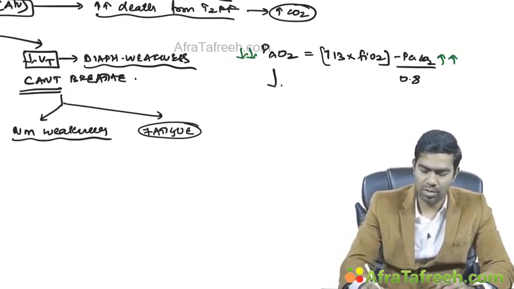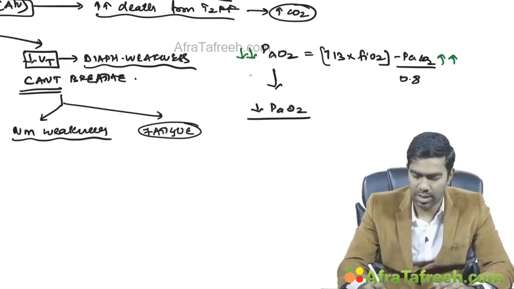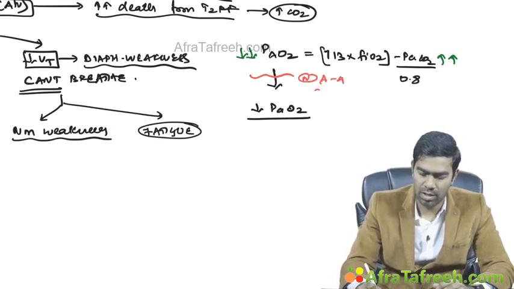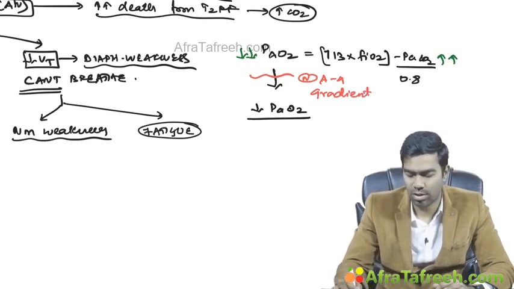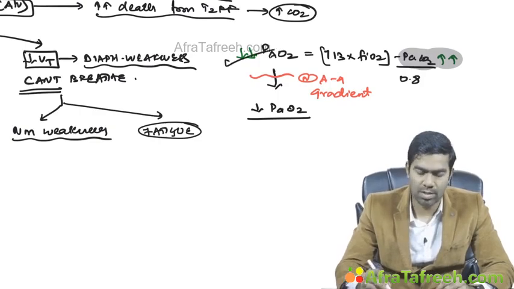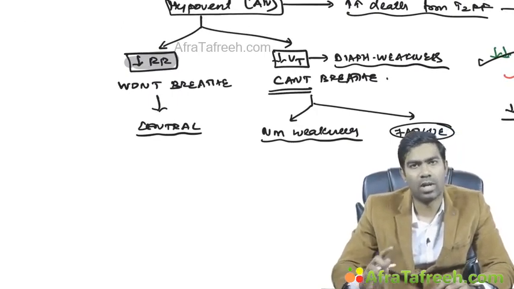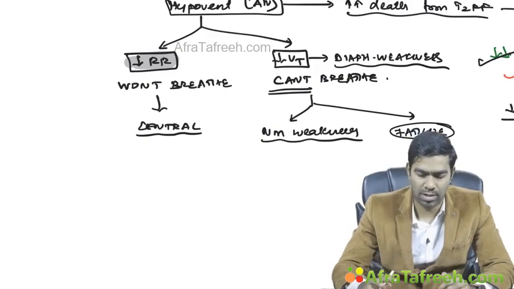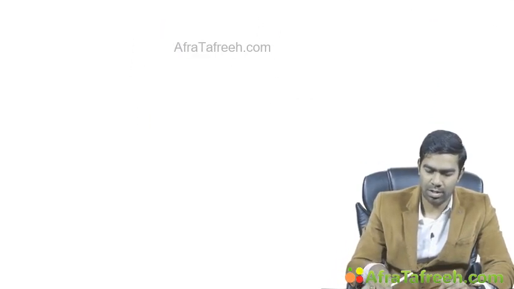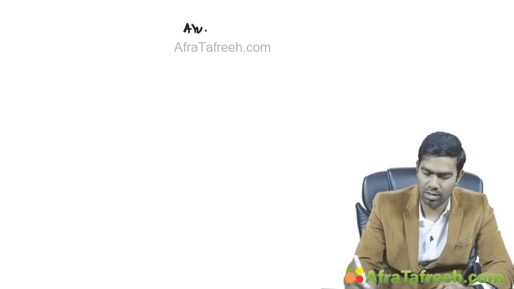If the PAO2 reduces, automatically your PaO2 will also reduce, but they typically have a normal A-a gradient, because here the problem is not oxygen diffusion. Here the problem is the accumulation of carbon dioxide that prevents the entry of oxygen into the alveoli. So a very simple concept, but a very powerful one. This is the reason you are going to get problems in a patient who has hypoventilation. So the next concept that you have to know is something called alveolar ventilation.